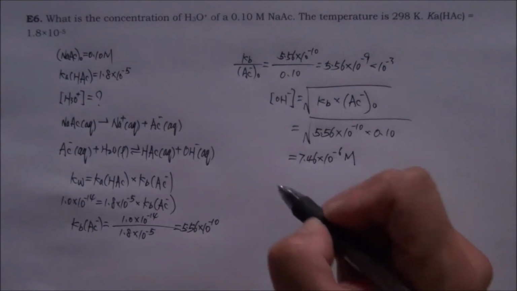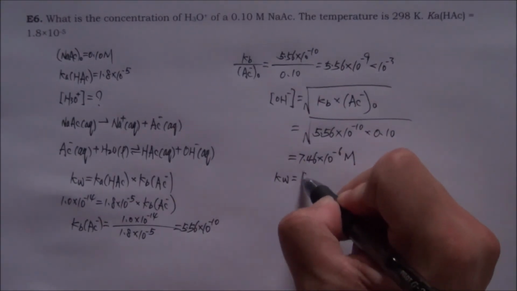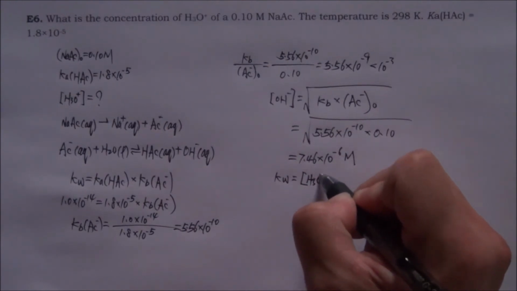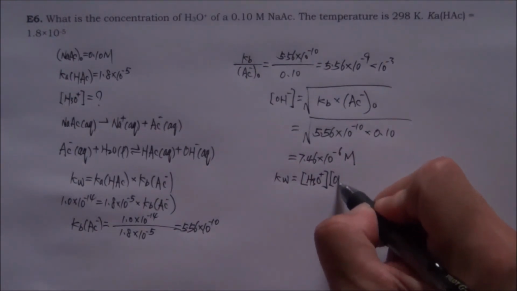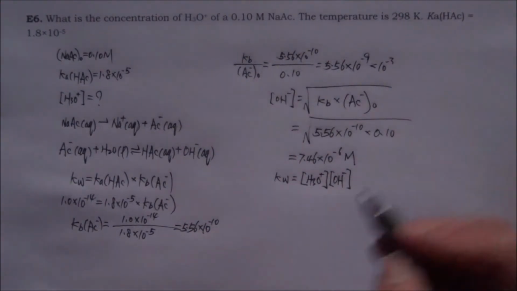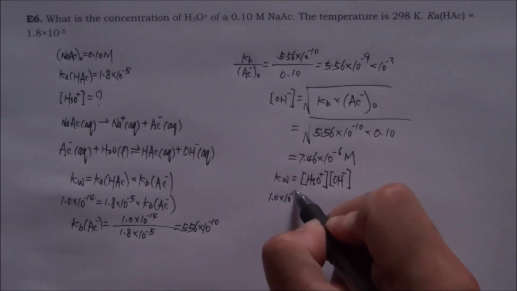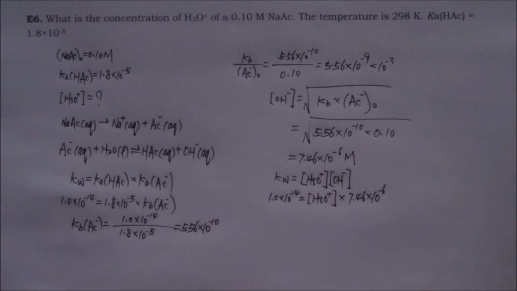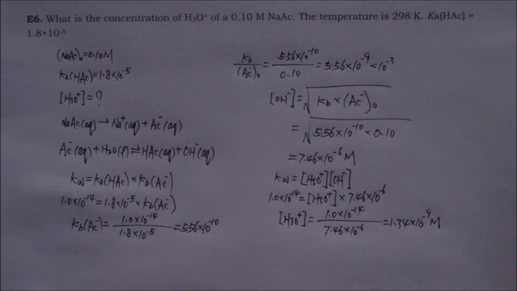And we also know that Kw is equal to the equilibrium concentration of the hydronium ion multiplied by the equilibrium concentration of the hydroxide ion. At 298 Kelvin, Kw is equal to 1.0 times 10 to the negative 14. This will be our final answer.